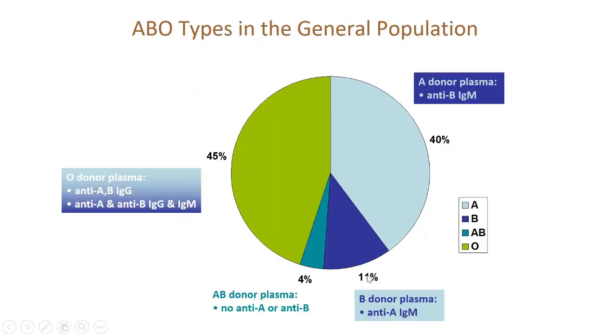This is the ABO pie graph for the population showing the isoagglutinins that are peculiar to every single blood type except for group AB, which only comprise 4% of our donor supply.